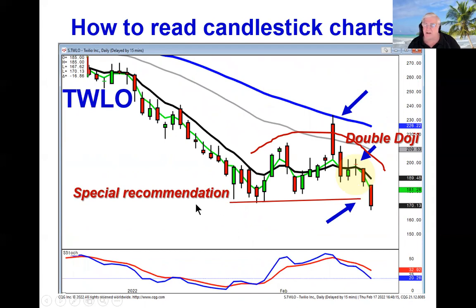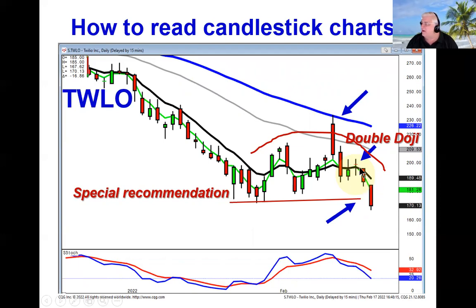Our special recommendation that we put out yesterday was on TWLO, that if it opened lower, we wanted to be shorting because there's your double doji setup. And that's usually a strong implication that they've come down on the short side, they've consolidated, and then again, your doji rule tells you they're going to move in the direction they open after a doji.